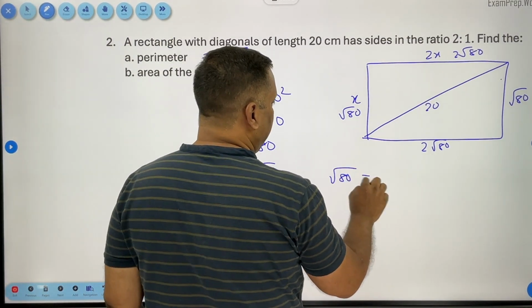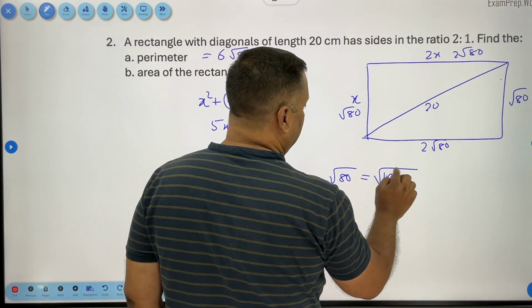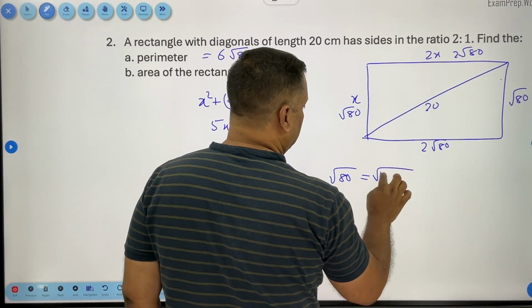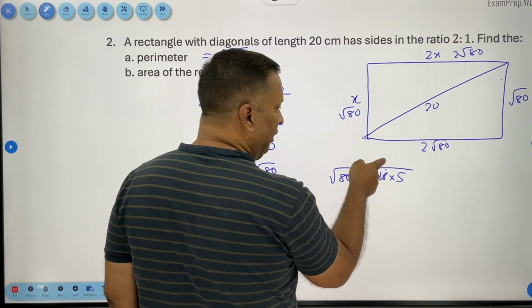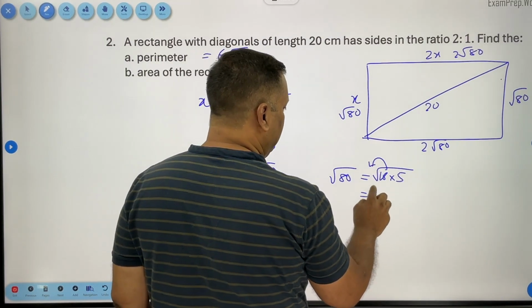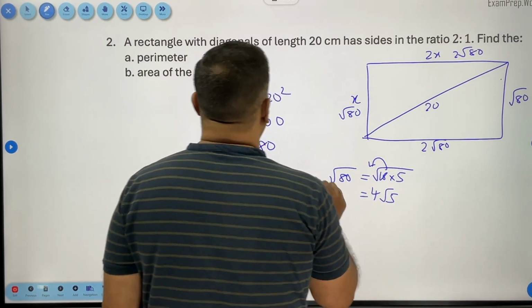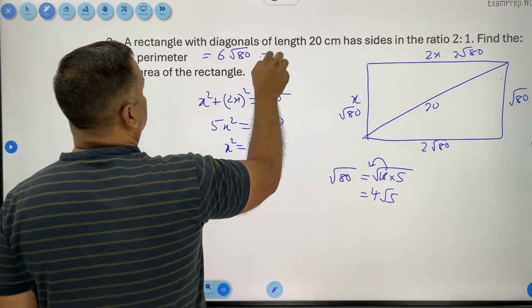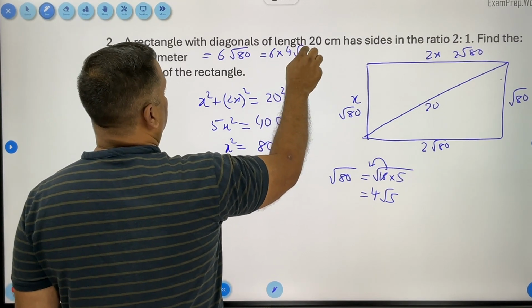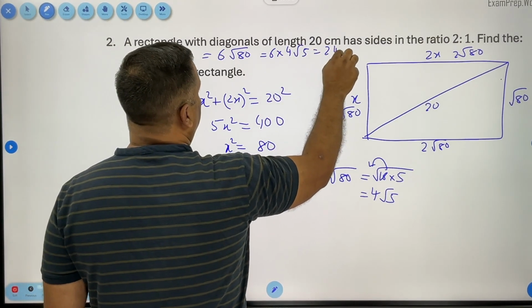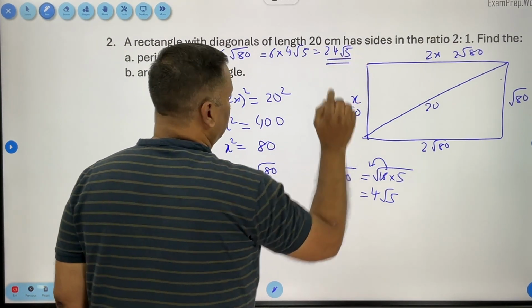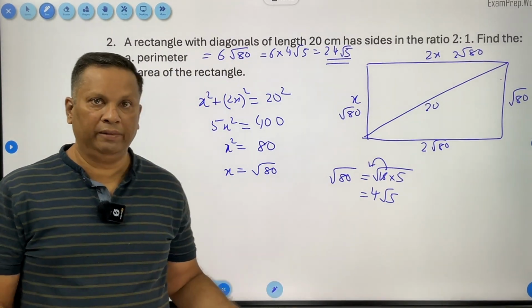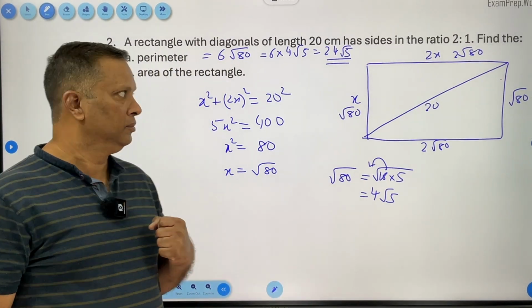Root 80 can be written as root of 16 times 5, and 16 will come out of the root as 4. So it can be written as 4 root 5. So 6 times 4 root 5 is 24 root 5. So perimeter is 24 root 5 in the most simplified form.